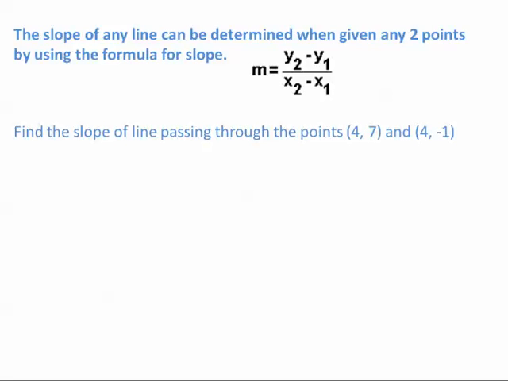So to find the slope of a line passing through these coordinate points, I have my first coordinate point and my second coordinate point. So I'm going to do y2, which is -1, minus my y1, which is 7, over x2, which was 4, minus x1, which was also 4.